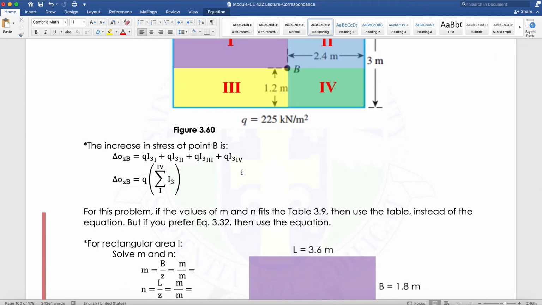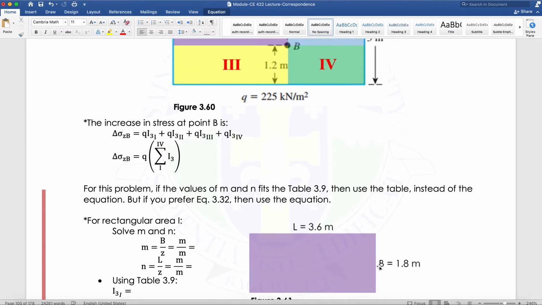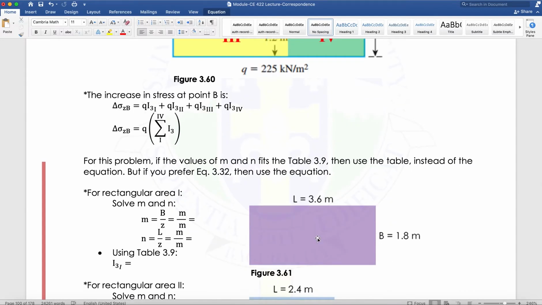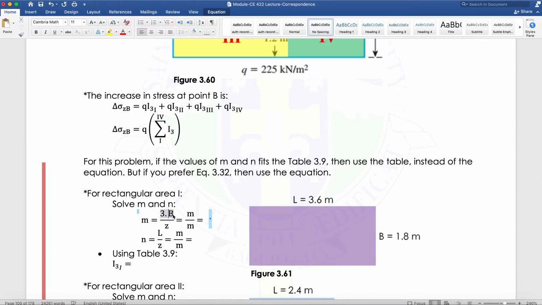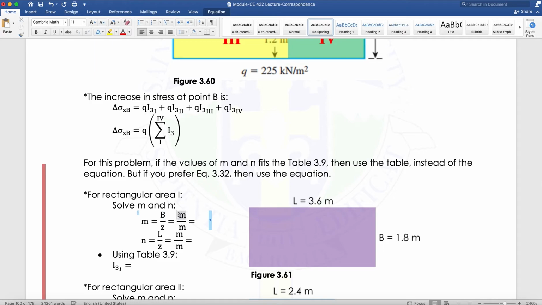But like what we have said, let's use the longer side as L and the shorter side as B. So for m, we have 3.6 divided by the z of 3, and that is equivalent to 1.2.